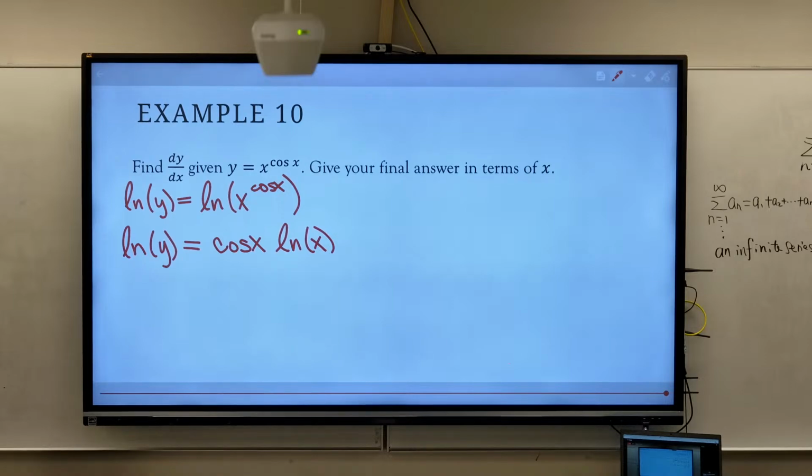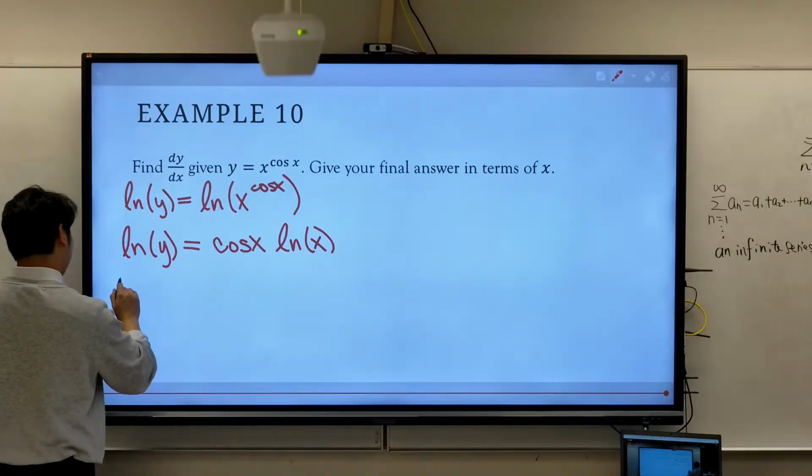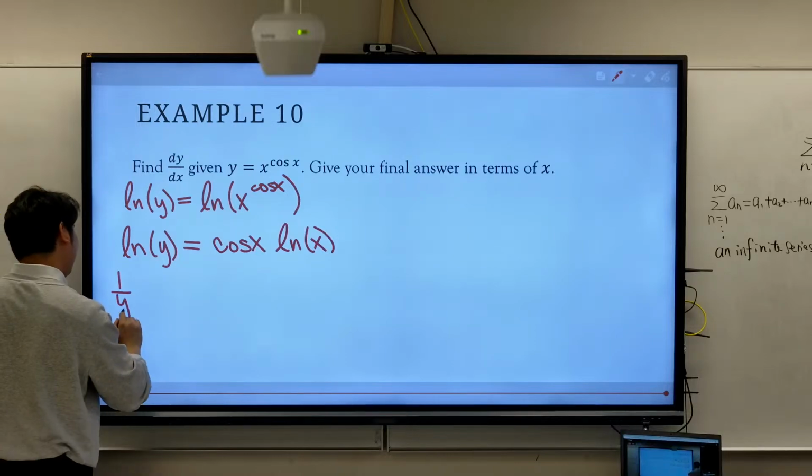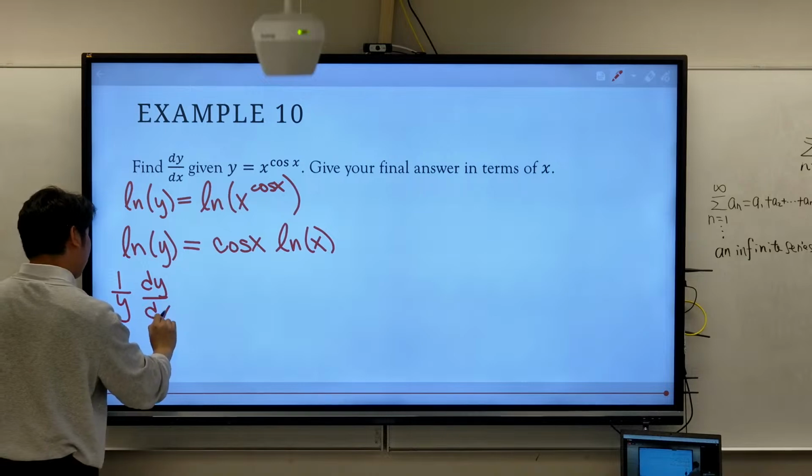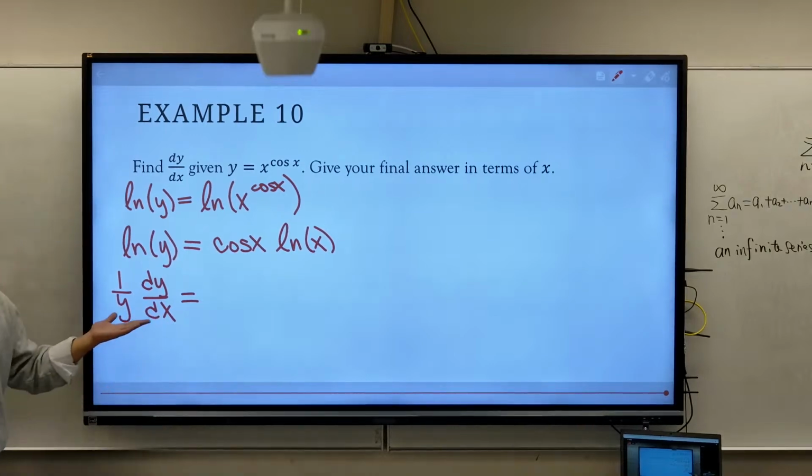And now I claim that we can go ahead and actually try to take the derivative of this expression. On the left, I think we can expect what's going to happen on the left side. What's the derivative of the natural log of y again? 1 over y, and then dy dx. The good thing about the problems that we're encountering is the left side is pretty much always going to look the same. We're not really expecting things to change on the left here.